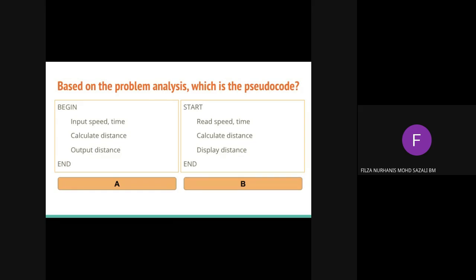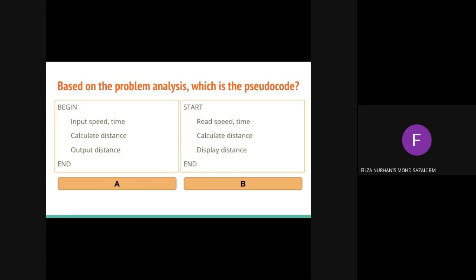We should start with begin, right, miss? Kenapa A? Cepat. Begin sama N tu kan? Begin sama N. Okay, so A sebab begin dengan N.